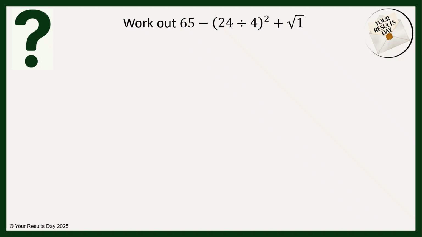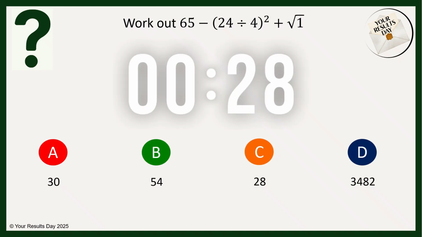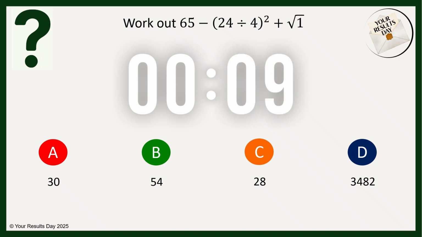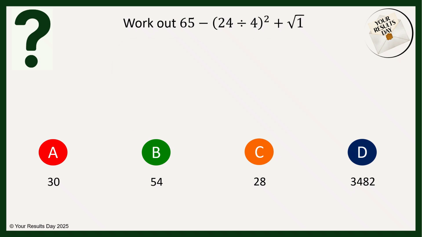There's a lot going on, so take your time. 65 minus 24 divided by 4 squared plus the square root of 1. If you said A, 30, you would be correct.